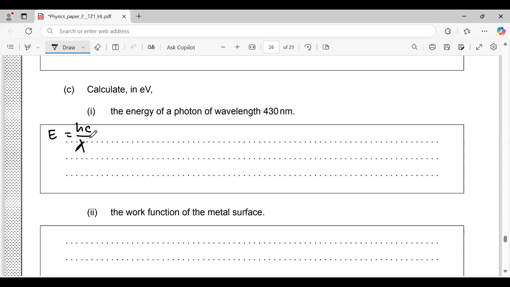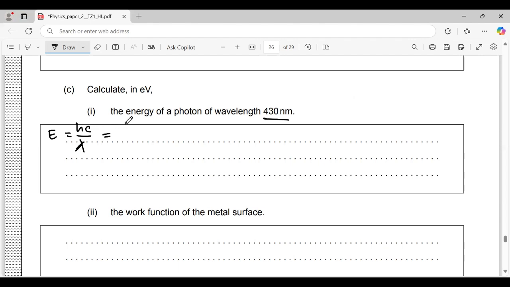E is the energy of the photon, h is Planck's constant, c is the speed of light, and lambda is the wavelength of light. According to this information, the wavelength of light is 430 nanometers. Let's substitute the numbers.